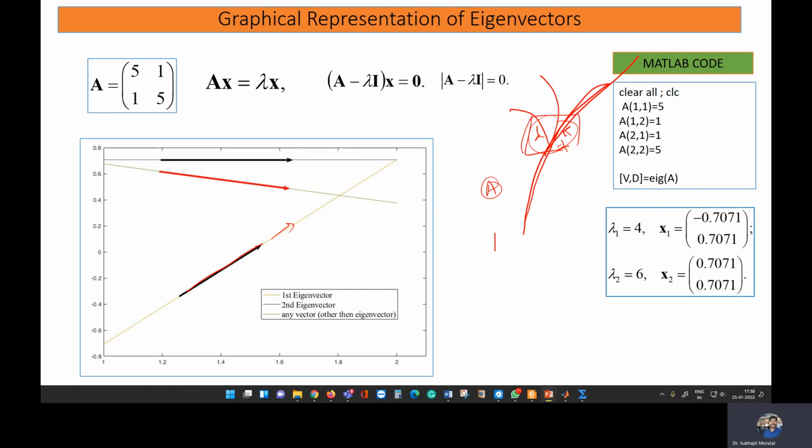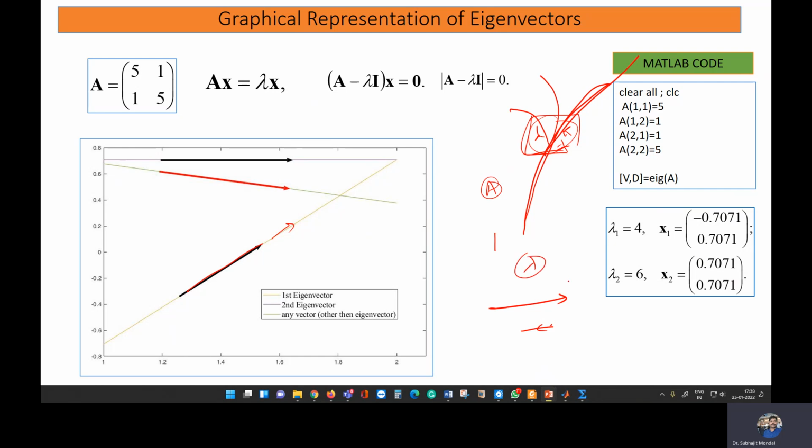So basically, an eigenvector is a vector which does not change the direction when it operates on a matrix. If it changes, then we cannot say it is an eigenvector. The size of that eigenvector can be enhanced, and it can also be reduced, depending on the value of lambda.